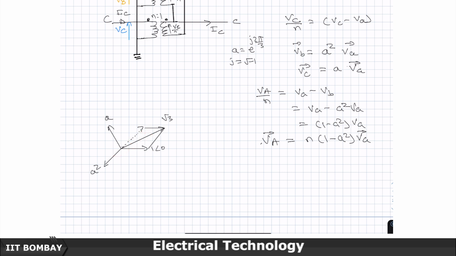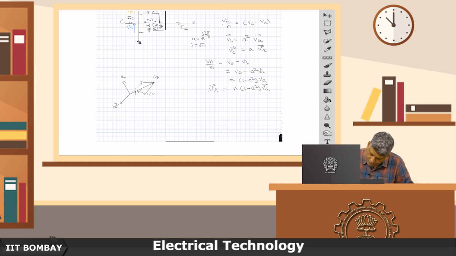So, therefore, this is 30 degrees. So, therefore, this is going to be root 3 N VA at an angle of plus 30 degrees.